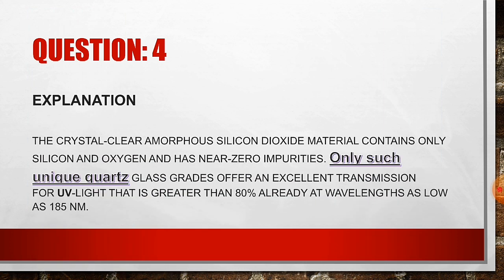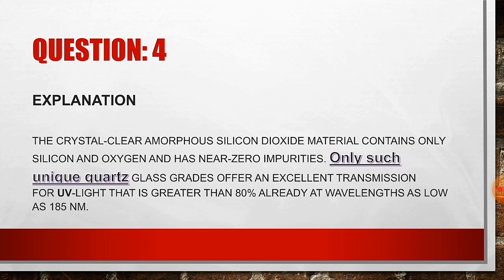Here the basic explanation gives that crystal clear amorphous silicon dioxide material contains only silicon and oxygen and has near zero impurities. Only such unique quartz glass grades offer an excellent transmission for UV light, greater than 80% already at wavelengths as low as 185 nanometers.